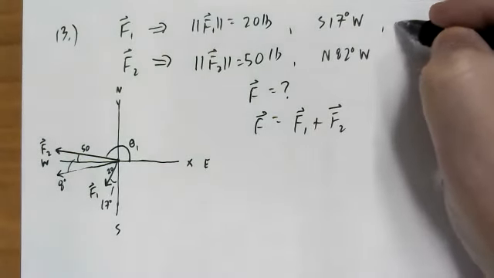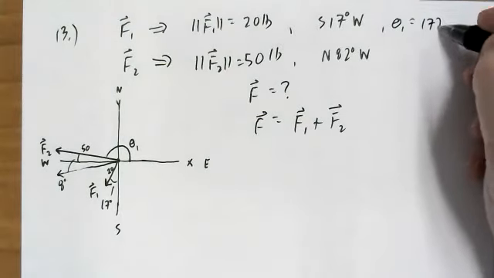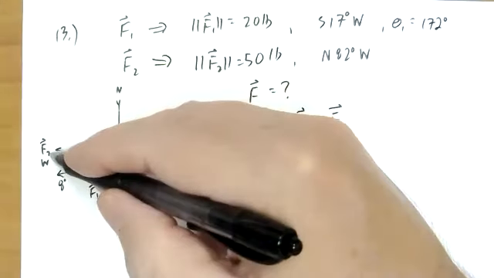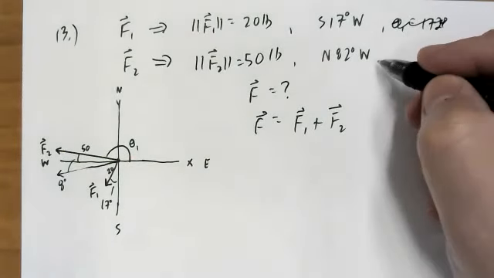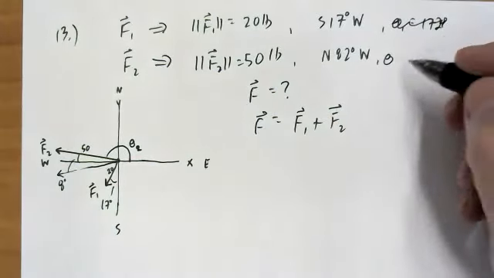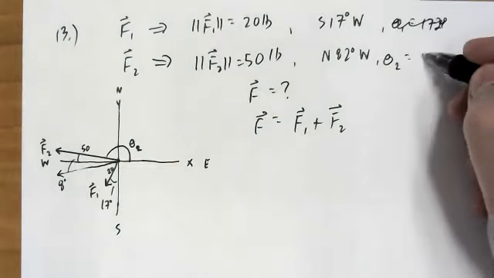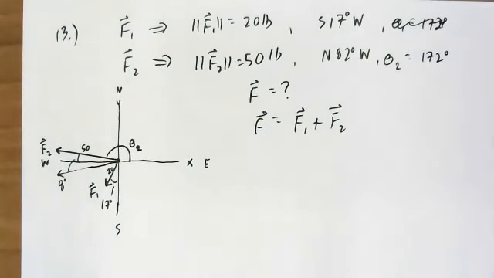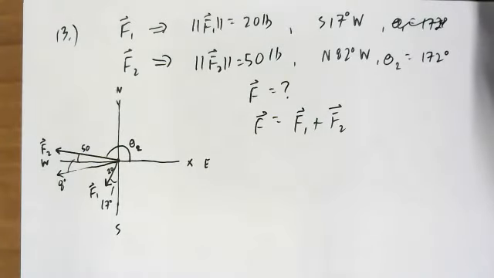So 90 plus 82, it's actually... Oh, sorry. This is force vector 2. For the second force vector, hopefully you can see how this angle is 172 degrees.